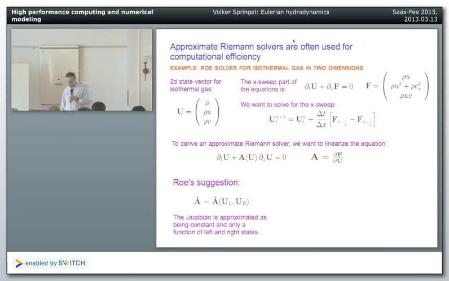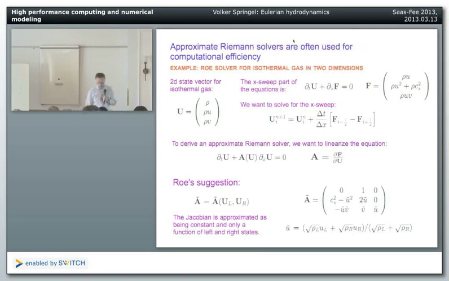For example, you would like to come up with an approximation to this Jacobian that depends only on the left and the right state of the interface. There are certain consistency conditions for what such an approximation should be. But let's assume that you can make this, and that's where the insight comes in. Roe suggested this approximate linearized Jacobian that depends only on the left and the right state.